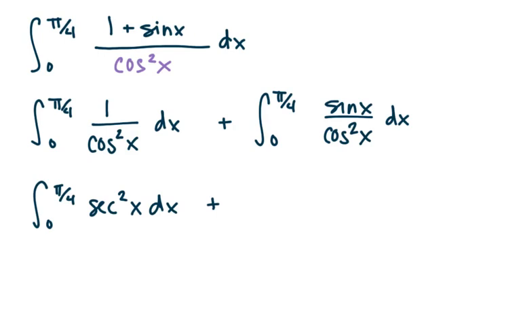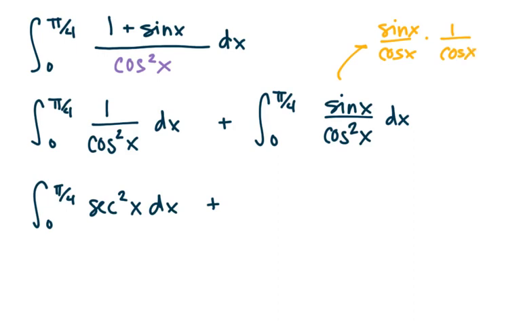And similarly, with sine x over cosine squared x, that's the same as sine over cosine times 1 over cosine. Right? So looking at this, this is the same as sine x over cosine x times 1 over cosine x.